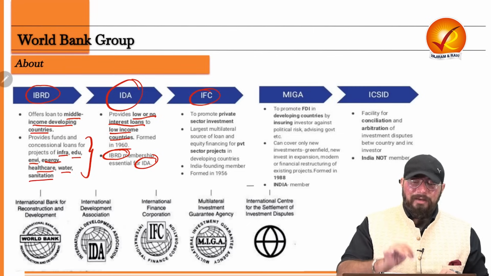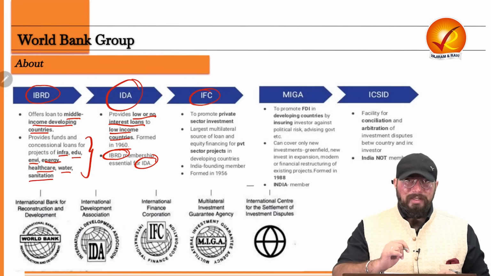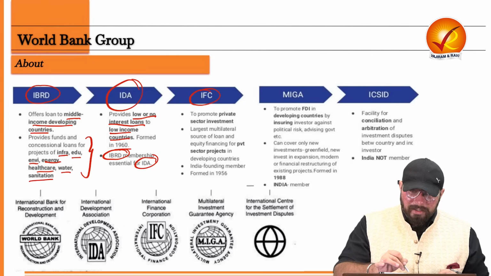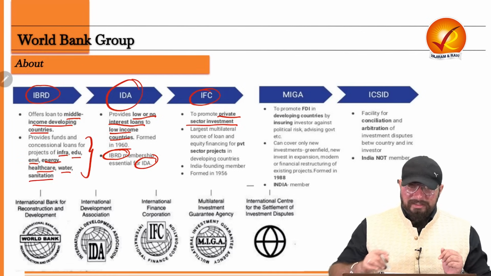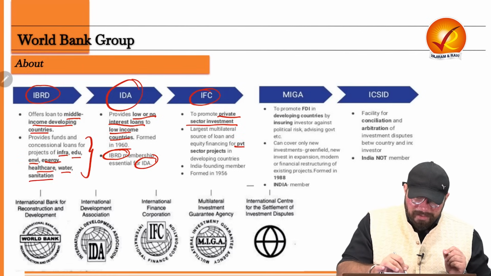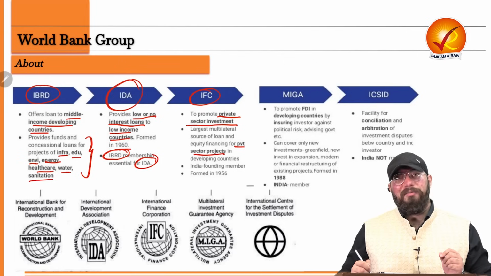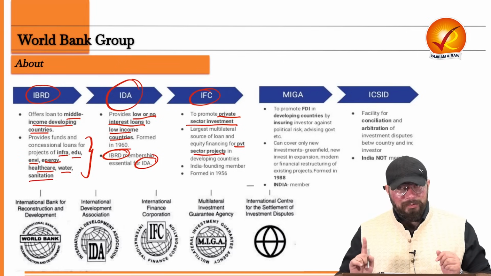Then is IFC, that is International Finance Corporation. Now, why is it important? Again, to promote private sector investments. This is very important. It is the largest multilateral source of loan and equity financing for private sector projects. Now, IBRD and IDA essentially provide loans to the government.